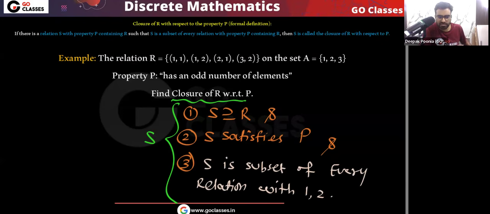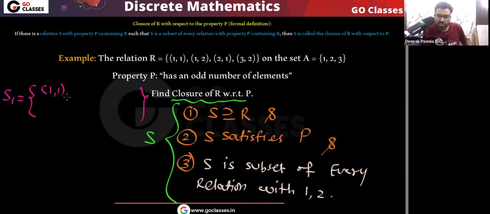Now the interesting thing will come here. You notice that I want S, a new relation which contains R, so it must contain R. Maybe some student will create S1.